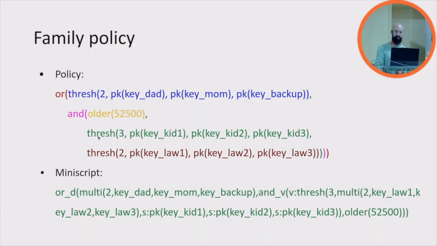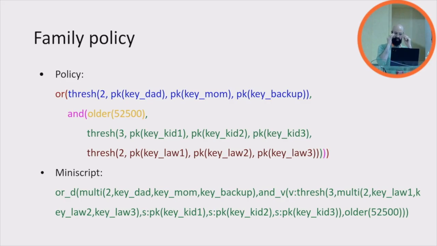And this multisig is based on, we need 3 signatures from this key or that key. We have 4 keys represented here. And this threshold is composed inside, as it represents the signature of the law office.